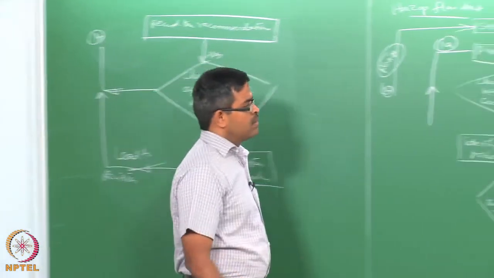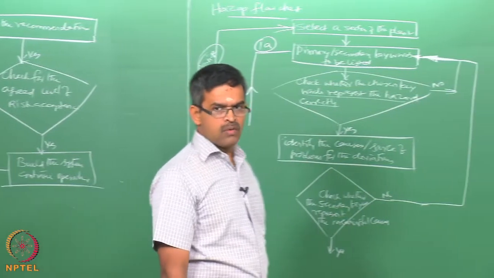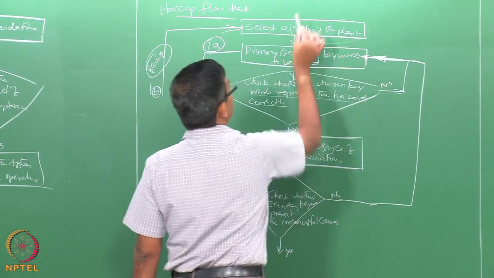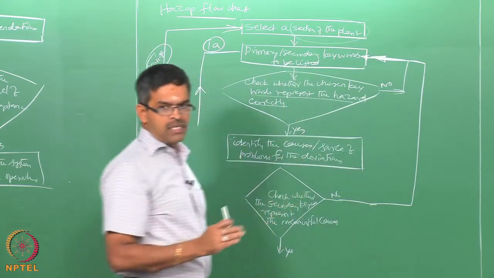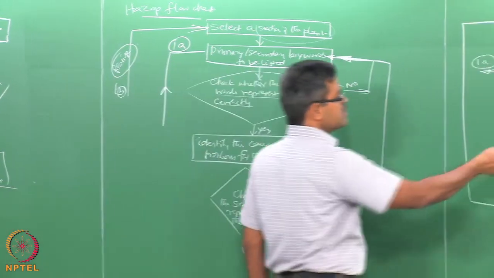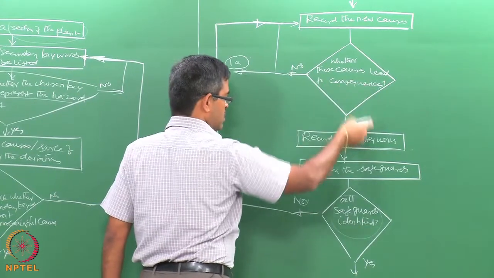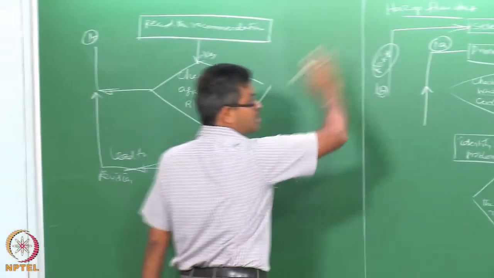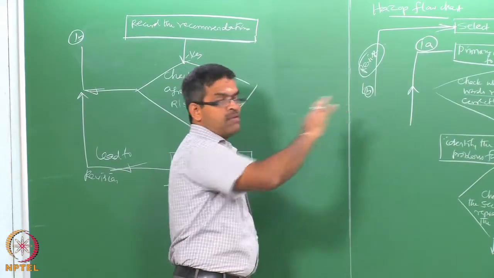So, in the Hazop layout or the flow chart, you will see that selecting a segment of a plant does not mean that the Hazard study is conducted only for that segment of the plant, because the consequences, the causes, the safeguards and recommendations are generally done for the entire plant, not for the segment of the plant.